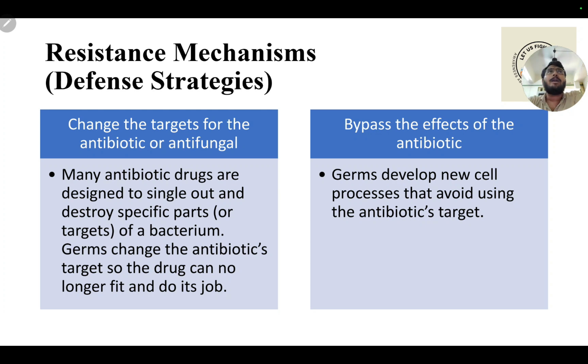Or its structure is modified such that the antibiotic cannot come and recognize and act on that structure. So this may happen with most of the targets, wherein the microorganisms will modify or change the target of the antimicrobial agents.